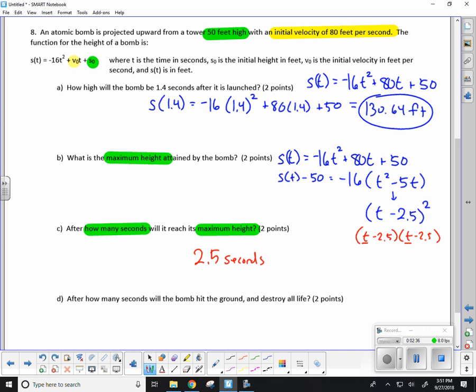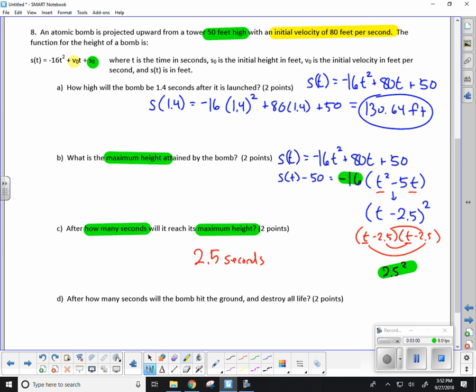I'm going to get minus 2.5, and minus 2.5t gives us the 5t. But then I get negative 2.5 times negative 2.5 is 2.5 squared. So that 2.5 squared is going to be 6.25, but don't forget, we also need to multiply it times this negative 16 out in front.